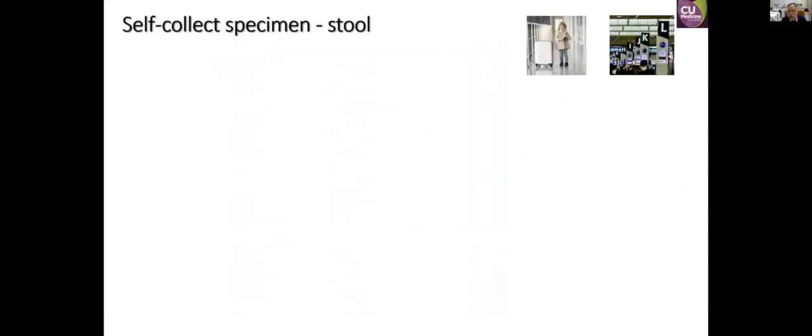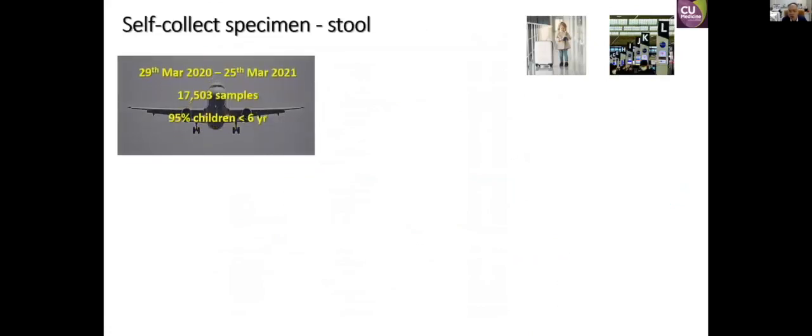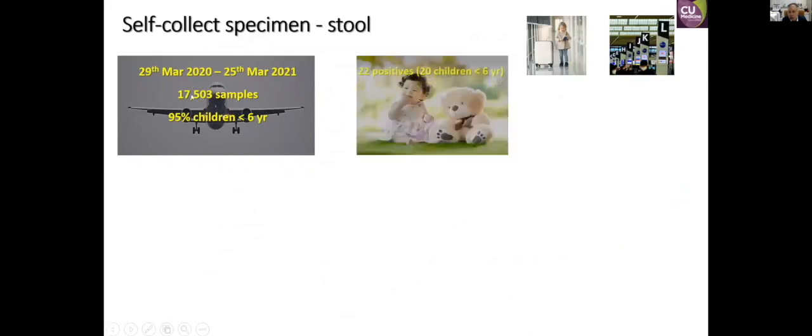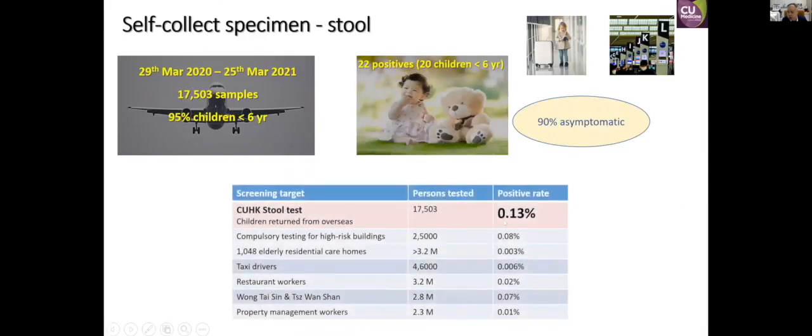However, for certain situations, if you cannot take a respiratory sample, stool may be considered. We have experience of using stool samples mainly for children over 1 year, and we have tested 17,000 samples with a positive rate of 0.13%. These are mainly children coming back from high-risk areas and also those suspected to have been exposed.